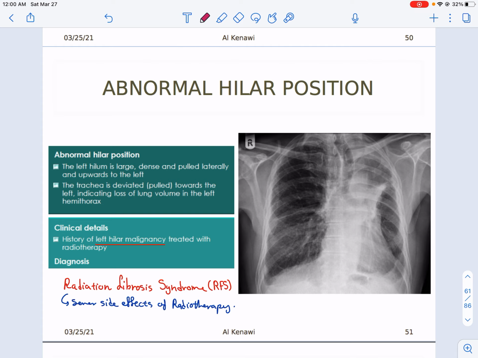Most likely if you see that the patient has left hilar malignancy treated with radiotherapy, and the hilar has changed its position, this is because of radiation fibrosis syndrome. This is a side effect of radiotherapy. So the patient had malignancy and was taking radiotherapy, and one of the side effects of radiotherapy is that they develop radiation fibrosis syndrome.